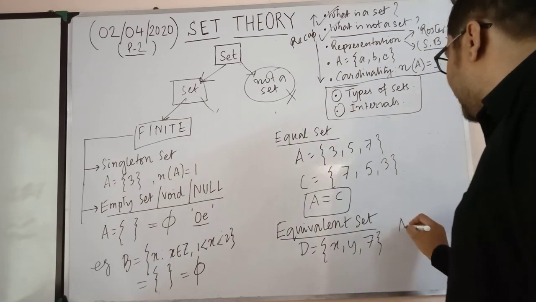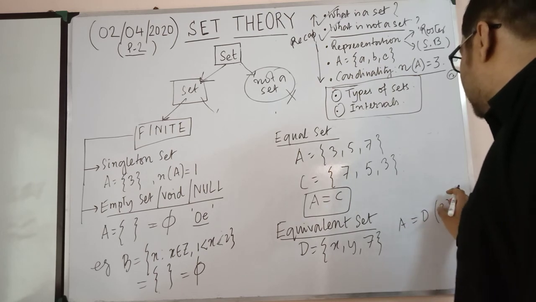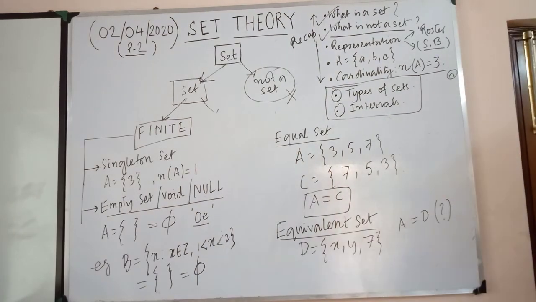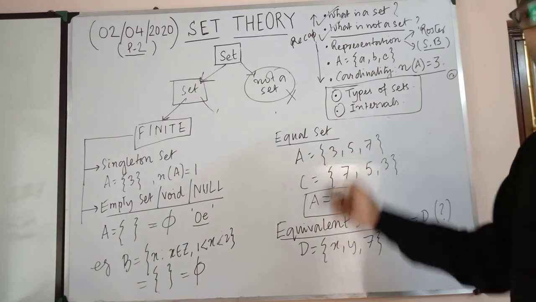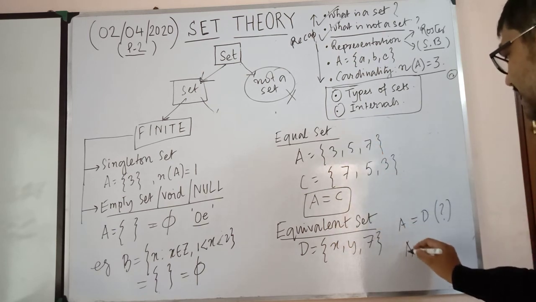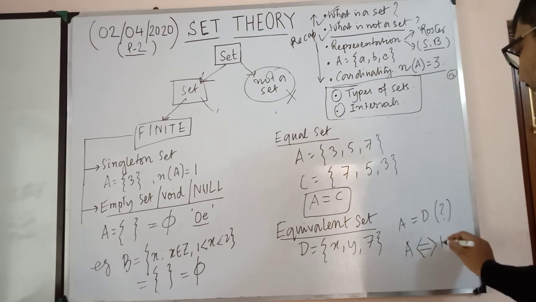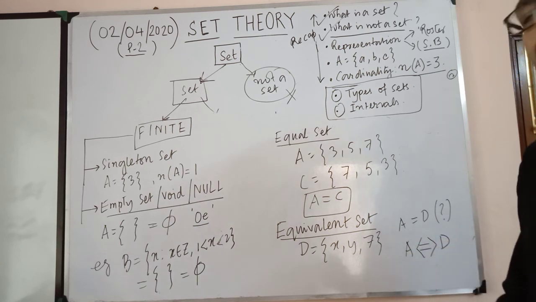Do you think that A is equal to D? Are they equal sets? The answer will be no, because the elements are not the same. But these two sets, A and D, are considered as equivalent sets.